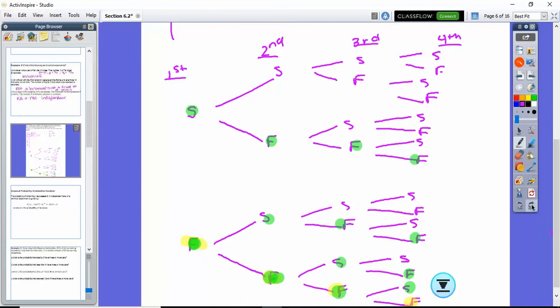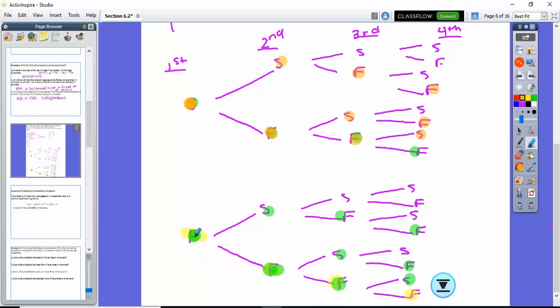Alright, so next, I want the probability that you are on time twice. So being on time twice. Be on time, on time, late, late, on time, late, on time, late, late, on time, late, on time. So we've got 3 so far. You could be late, on time, late, late, on time, late, on time.